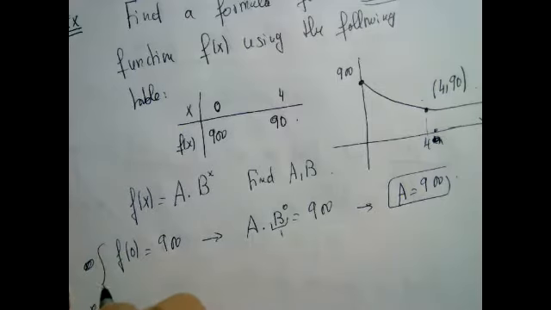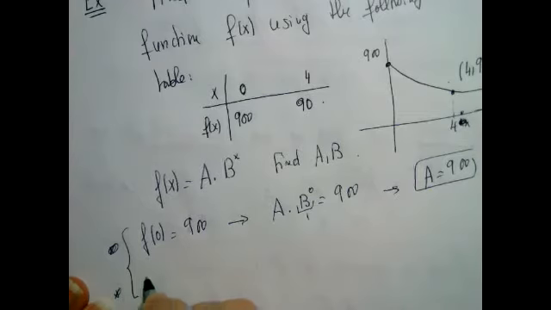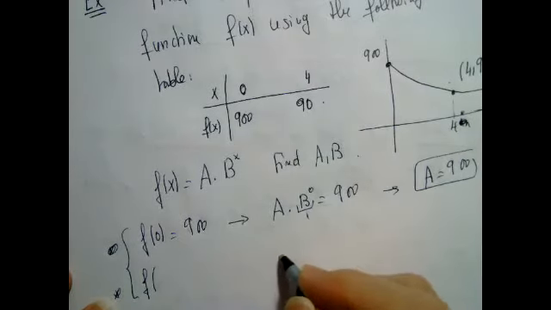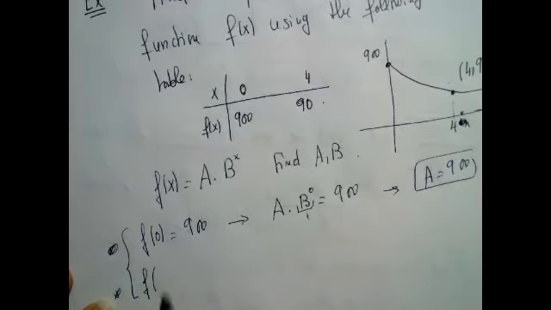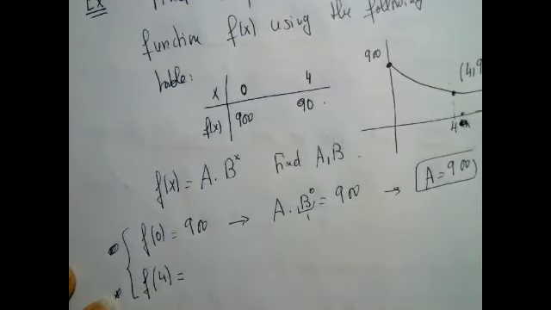And then in order to find the b, you need to set up the formula like f of x equals 900 times b to the fourth. Wait, you lost me. What did you do? I set up the formula: f of 4 equals 900 times b to the fourth.